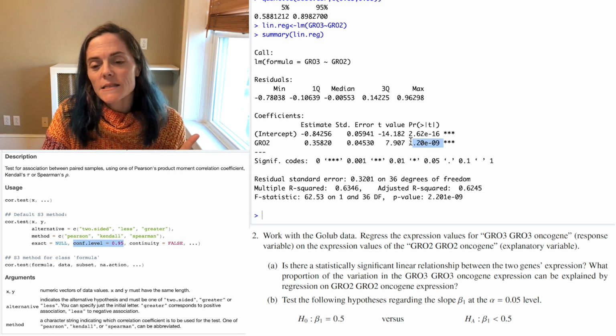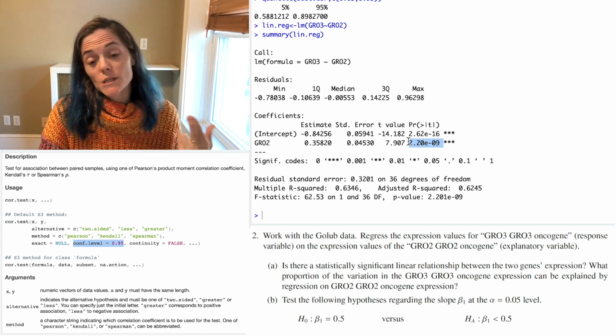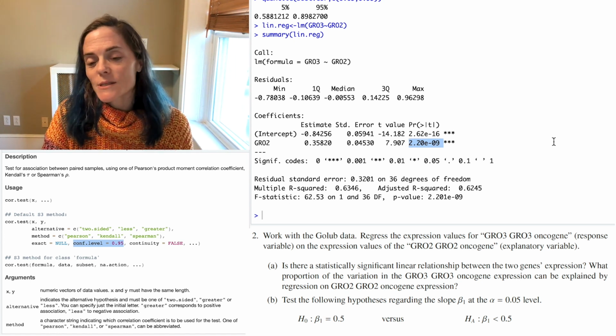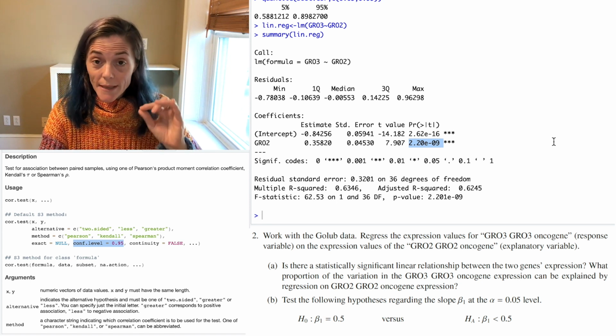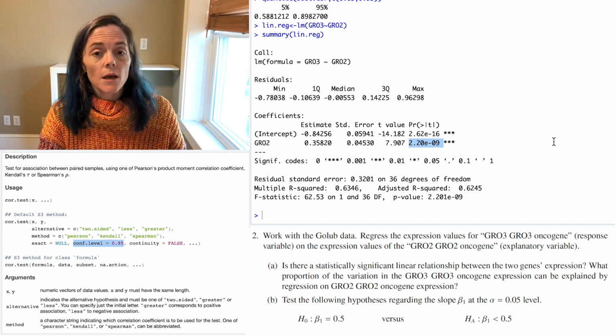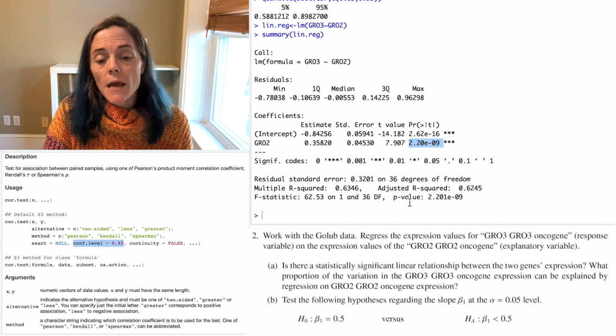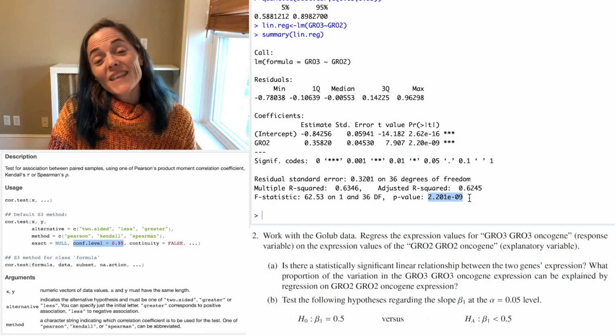One is the p-value on the t-test for the slope. And you notice this is very small. We would reject the null hypothesis that the slope is 0 and conclude there is a statistically significant linear relationship here. But then we could also look here on this p-value for the F statistic.